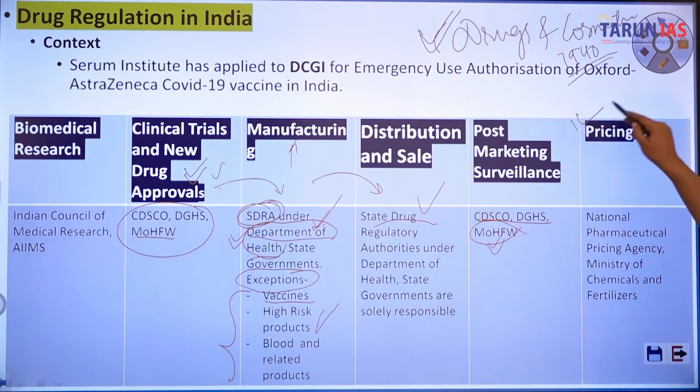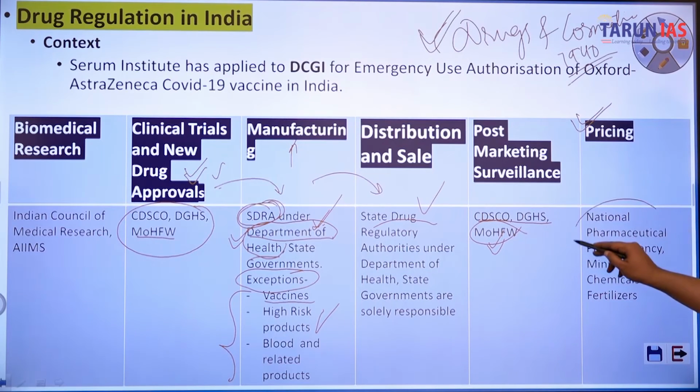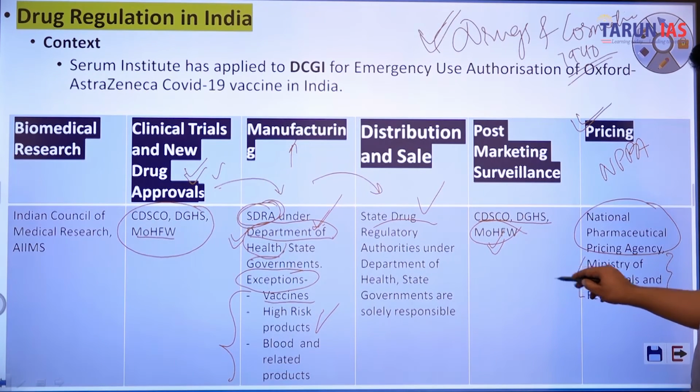But pricing is fixed by the National Pharmaceutical Pricing Agency, NPPA, and NPPA is under the Ministry of Chemicals and Fertilizers. This is very important.